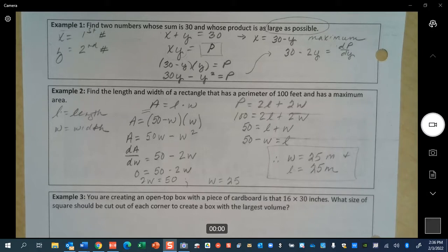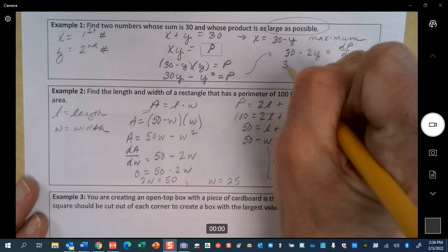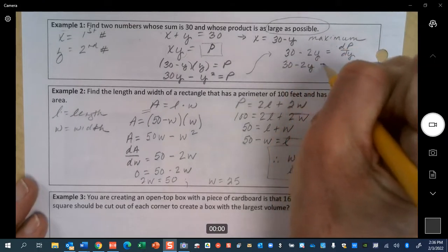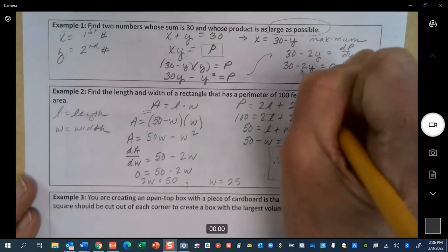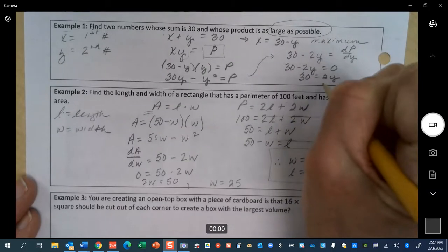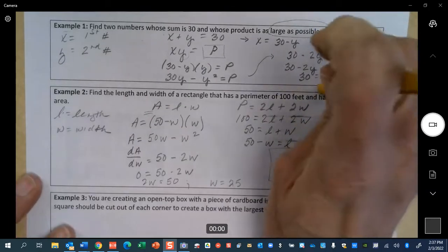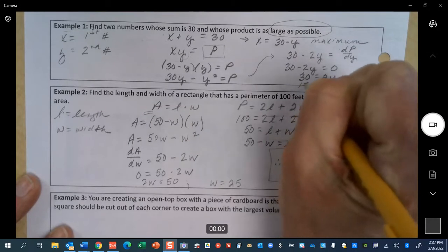Let's go back up to our first problem. 30 minus 2y, I plug 0 in. 30 is equal to 2y. So my largest product happens when y is equal to 15.